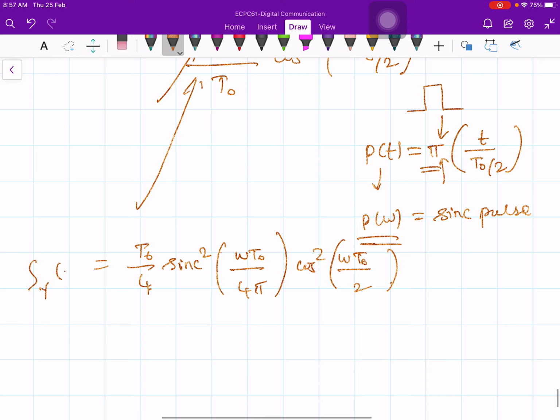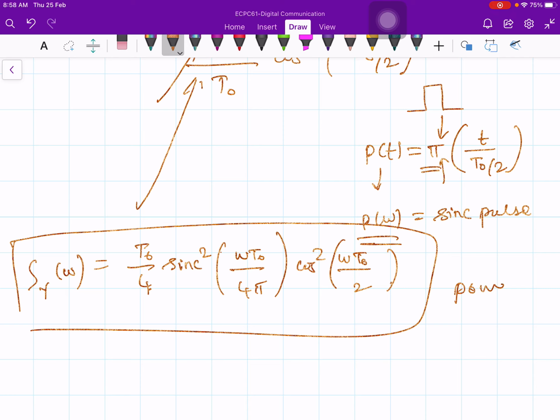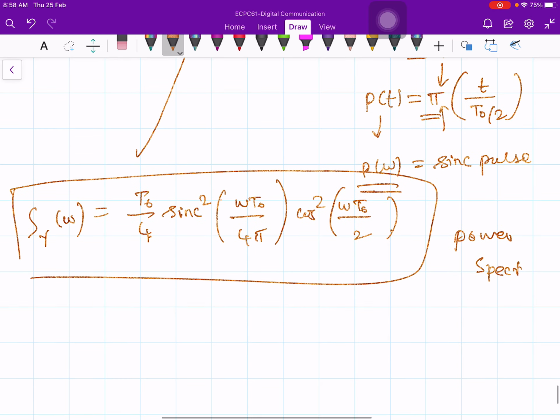This is the power spectrum. Okay, this is the power spectrum of a duo-binary coded scheme. Okay, that is duo-binary coded data signal.